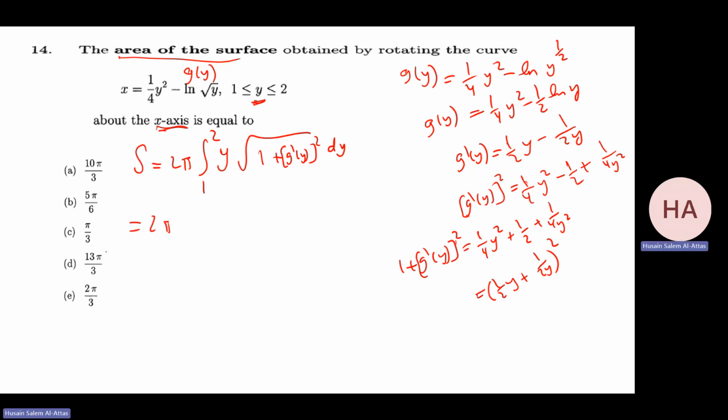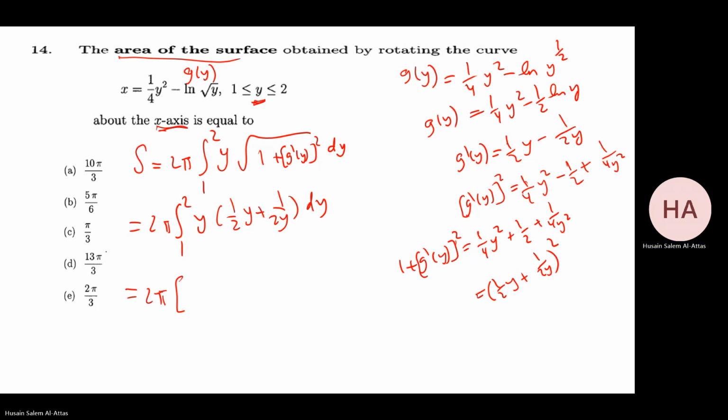No need to change y since I have everything in terms of y. This one gives me half y plus 1 over 2y dy. The square will go with the square root. That gives me 2 pi of what? Half, so half y. No, that will be half y squared.